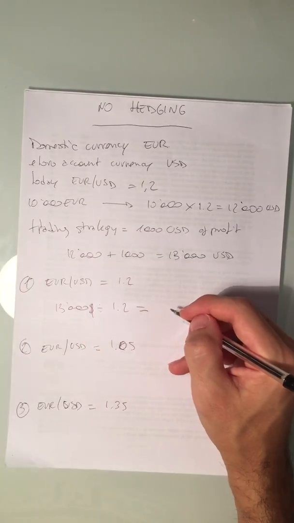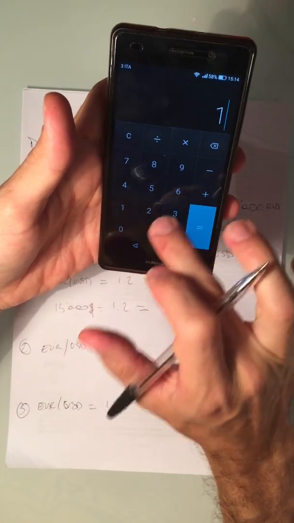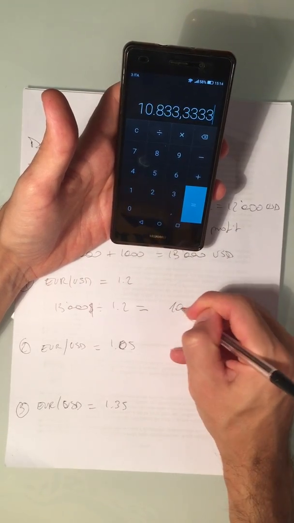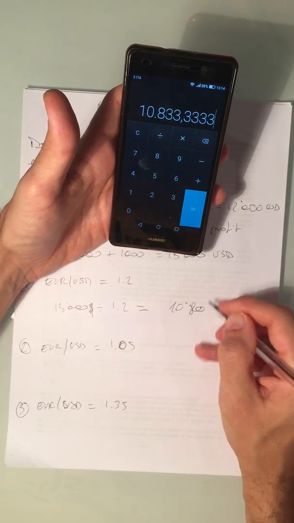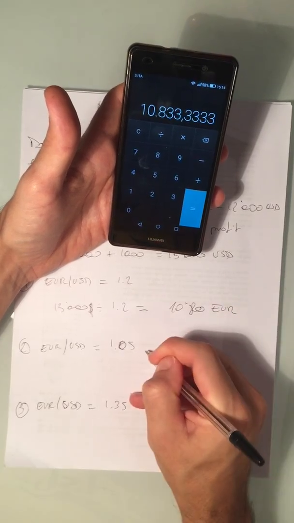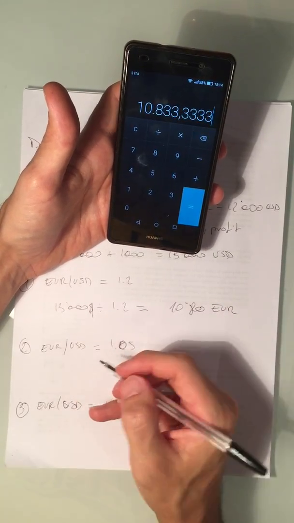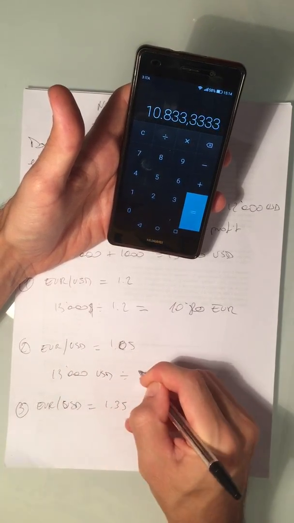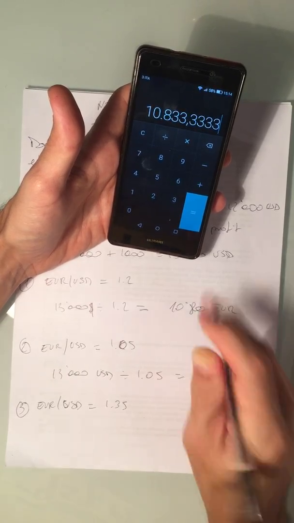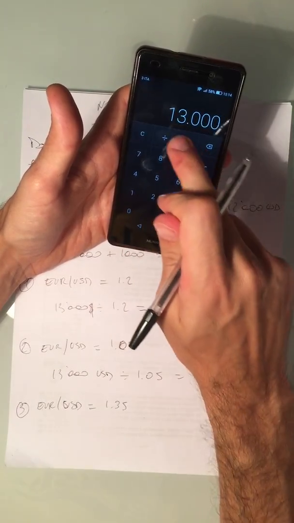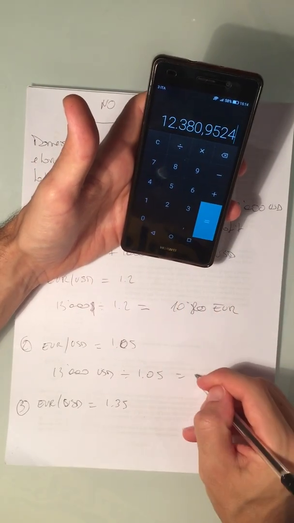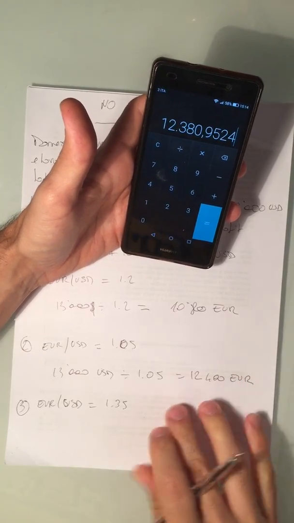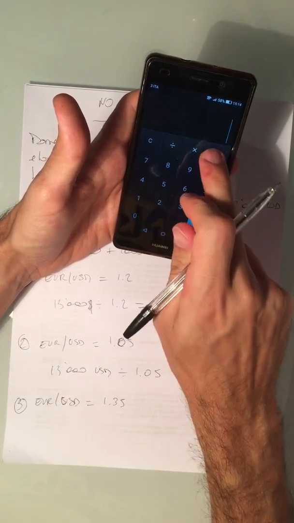and I have in my bank account more or less 10,800 euro. Second case, 13,000 US dollar divided by 1.05, so I have 13 divided by 1.05, so I have 12,400 more or less euro on my bank account.